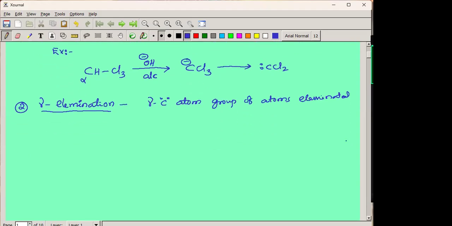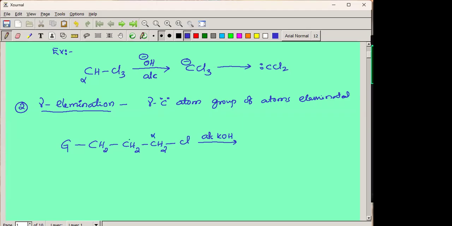For example, I am going to take CH2, CH2, CH2, with a CN group, using the same alcoholic KOH as the base.